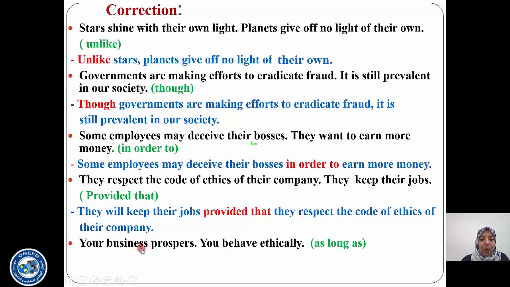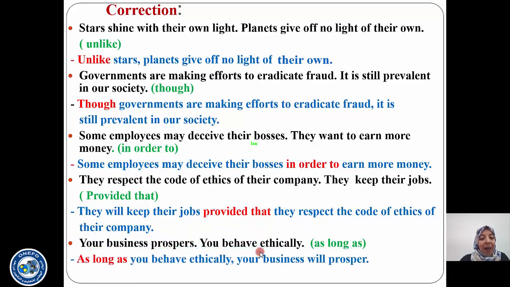Is it to behave ethically or to prosper in the business? Of course, to behave ethically. So you say, "As long as you behave ethically, your business will prosper." Or you can put it in the middle also. "Your business will prosper," this is the result, "as long as you behave ethically," which is the condition.